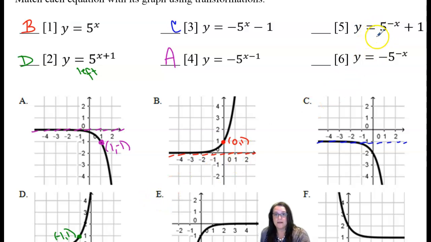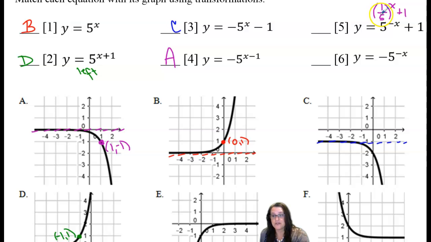Okay, then in number 5, since the negative is up here with the variable, that would be a reflection in the y-axis, so side to side. Or probably an easier way to recognize that is, remember, a negative exponent means to take the reciprocal of the base. So that would be equivalent to (1/5) to the x power plus 1, and 1/5, instead of being exponential growth, is exponential decay.